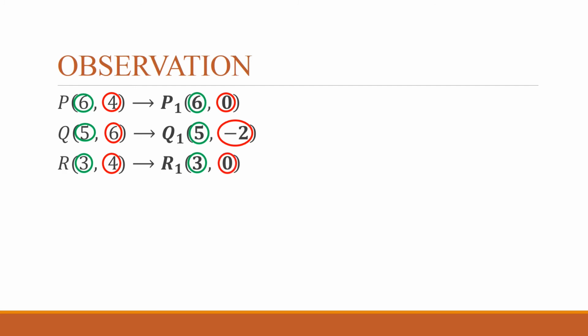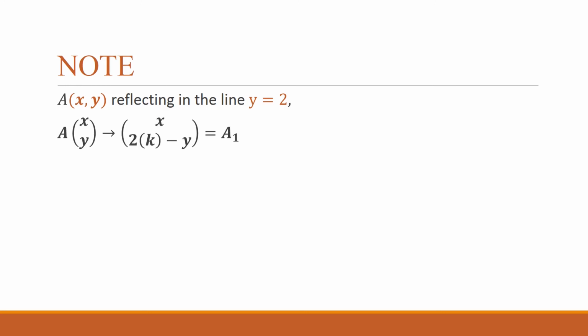And so just as we said, in reflection in the line y equals k, the only thing that changes is the y-coordinate. The x-coordinate always remains the same. Now let's take note that anytime I have a point A (x, y) and I'm reflecting in the line y equals k, I can solve this without using the mirror line.